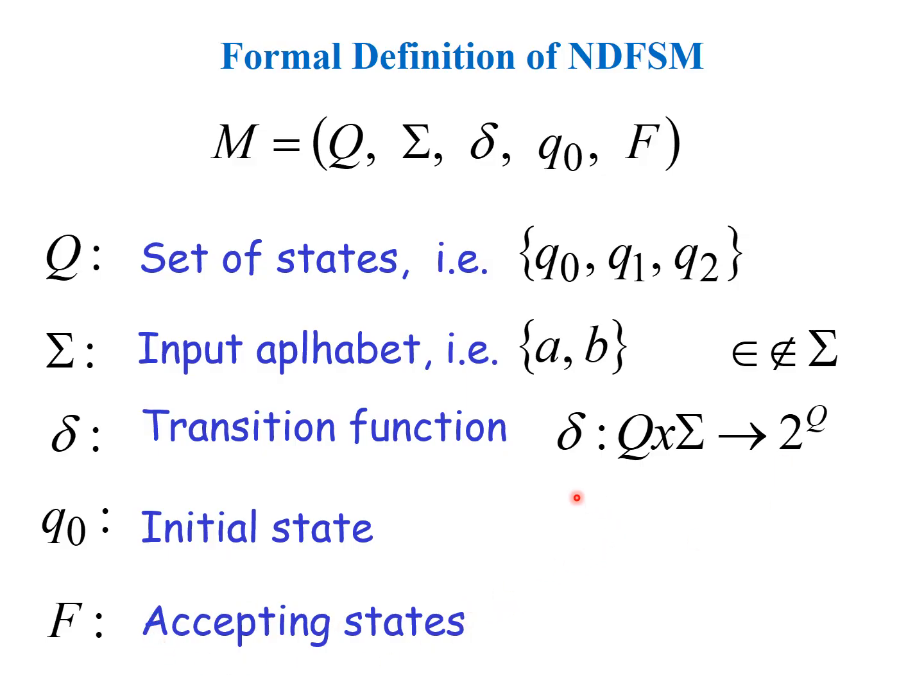Only the transition function differs from DFA. It is defined by five tuples Q, sigma, delta, Q naught, F. You have to give this definition in any exam. Let us understand this thoroughly through some examples.